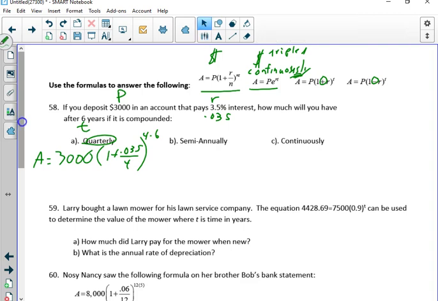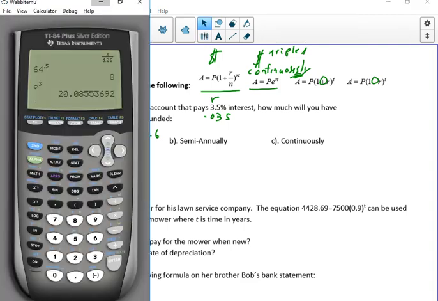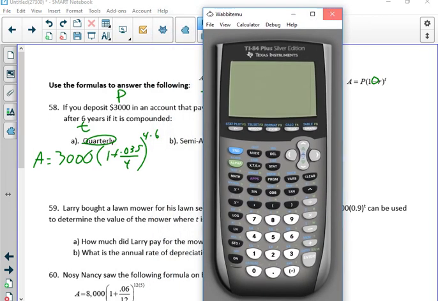Now, when I do this in the calculator, I like to take baby steps. So what I do is I start in the middle, inside. I do 0.035 divided by 4, plus 1. I work backwards. To the power of 4 times 6, 24, times 3,000.